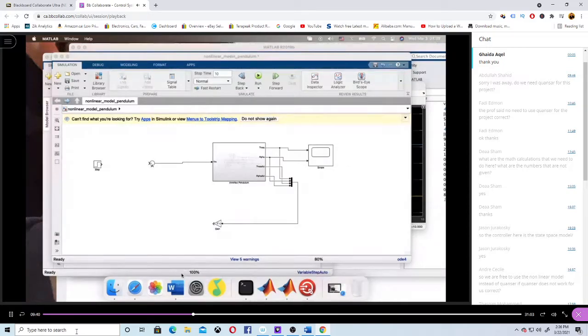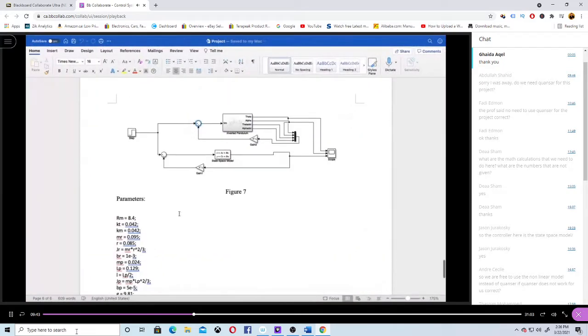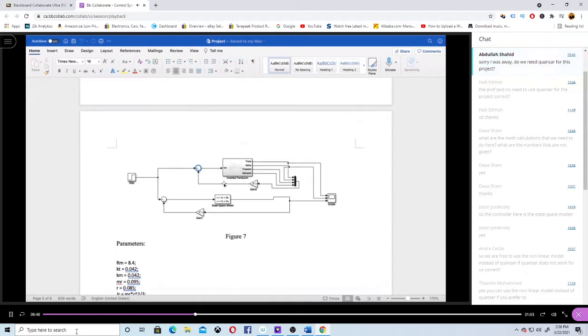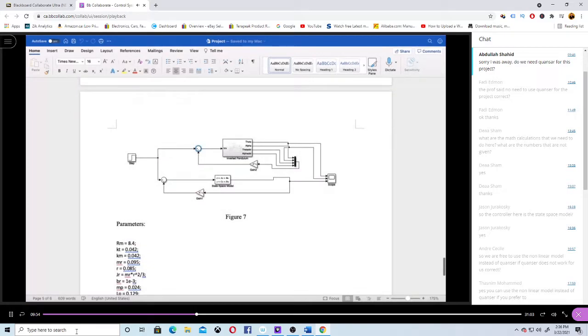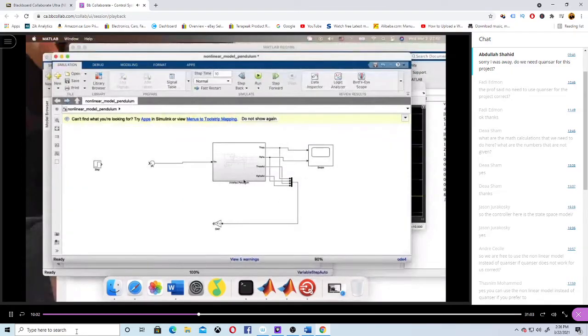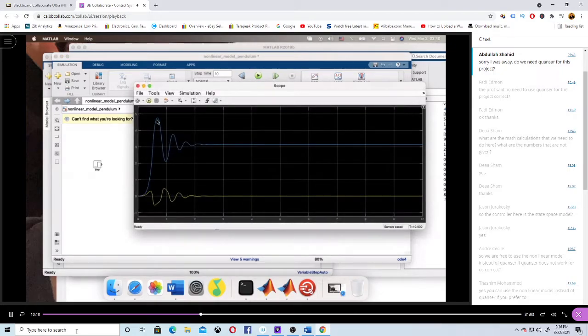As I said, for this project you are supposed to design a controller, which is here, to stabilize this inverted pendulum. I can show you how the controller works. Once I connect this controller here, remember we had this before, the rod leaves the inverted position and finally moves to the non-inverted position.